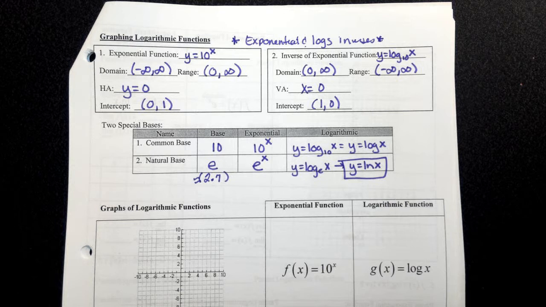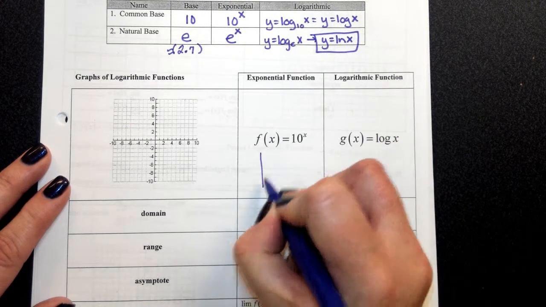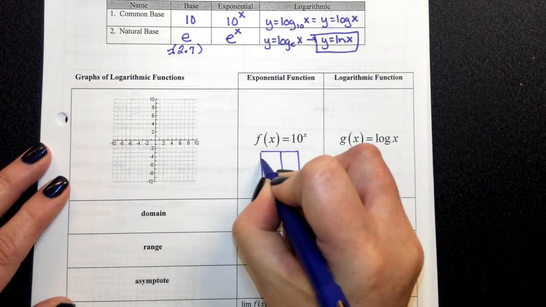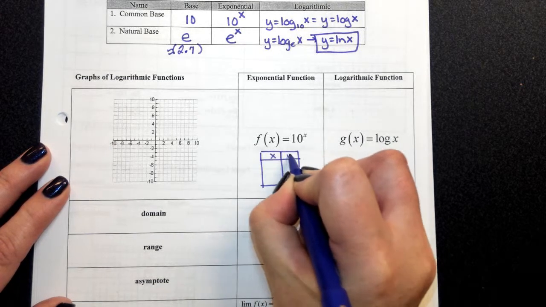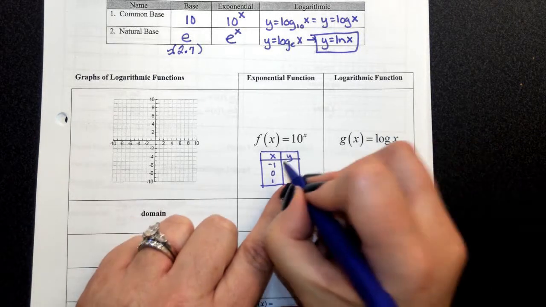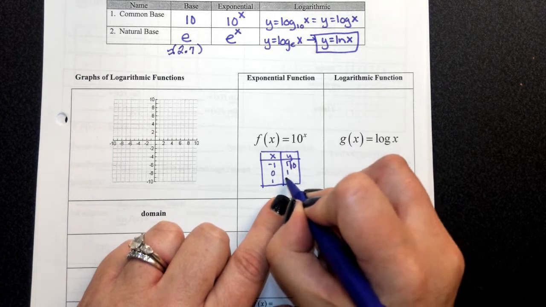So the way you graph a log function is you always graph the inverse exponential first. Then you switch everything around. So for example, we know 10 to the x. If I graph 10 to the x, building my table, I've got my x and y chart, negative 1, 0, 1. 10 to the negative first is 1/10. 10 to the 0 is 1. 10 to the first is 10.